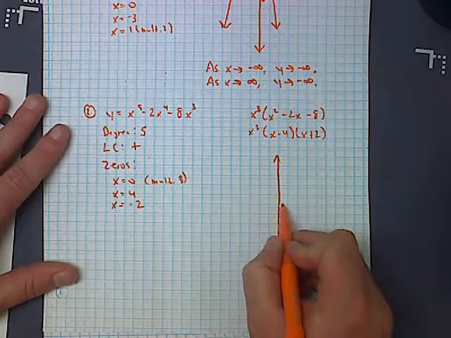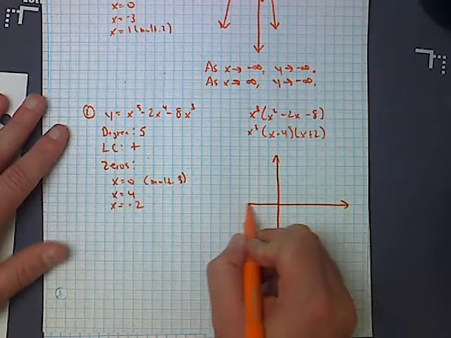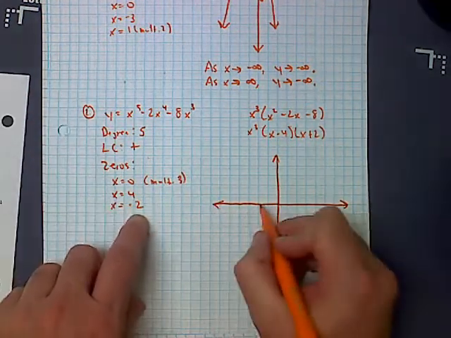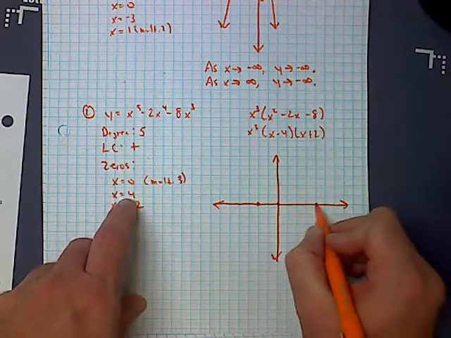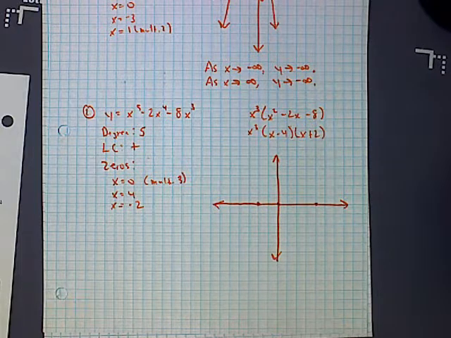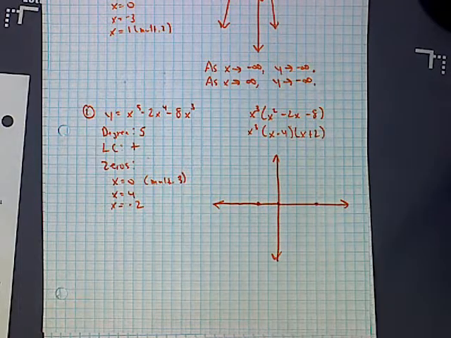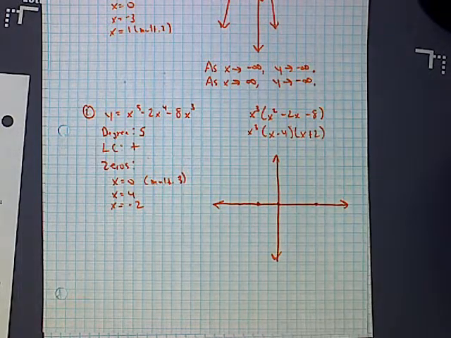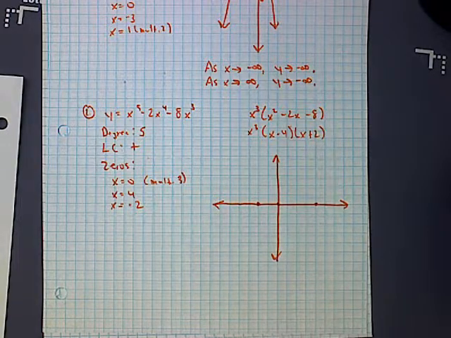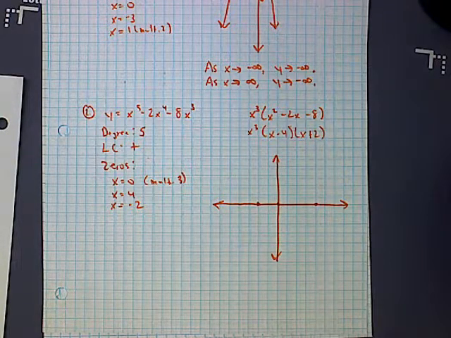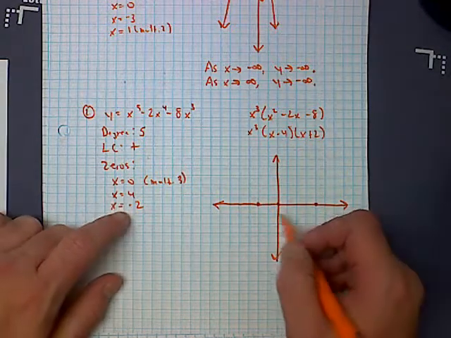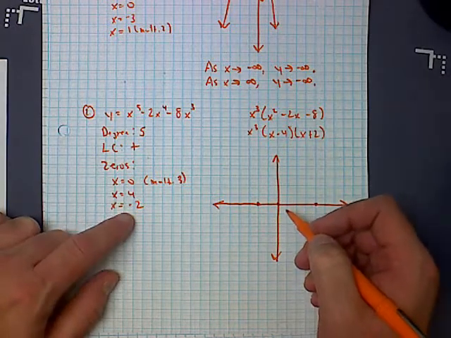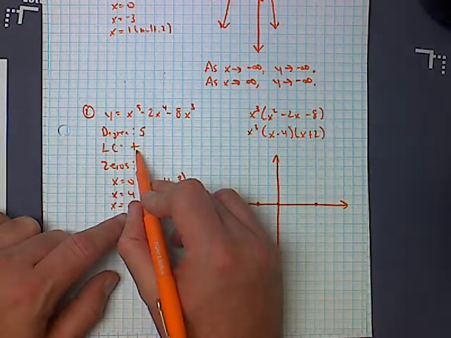Draw a graph. We have a zero at negative 2, a zero at 0, and at 4. Remember, zeros are where they cross the x-axis, and they're also solutions to quadratic equations. Now, degree 5, and it's positive.